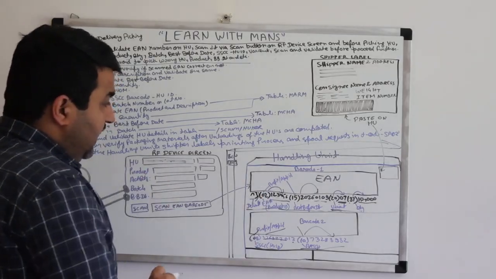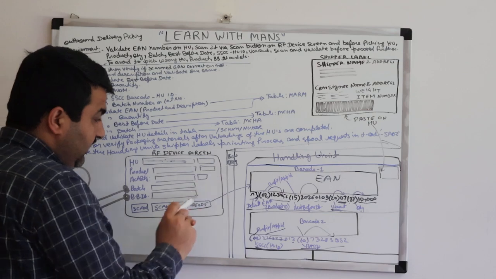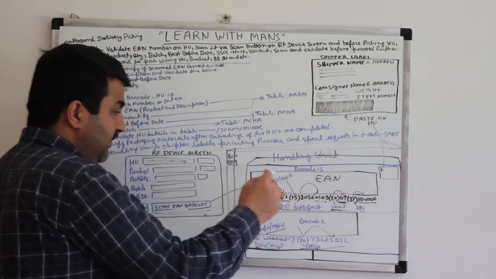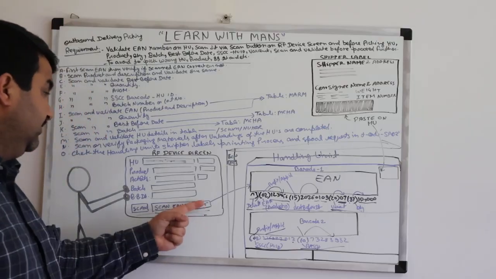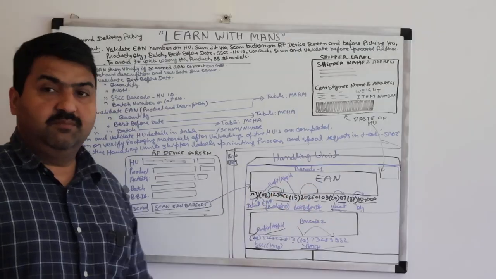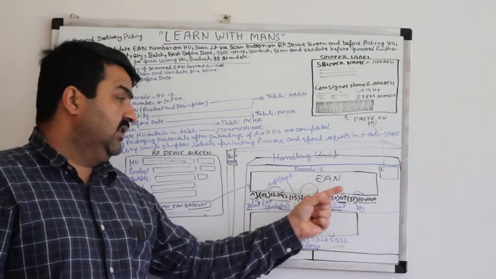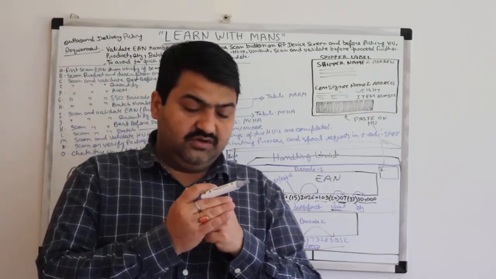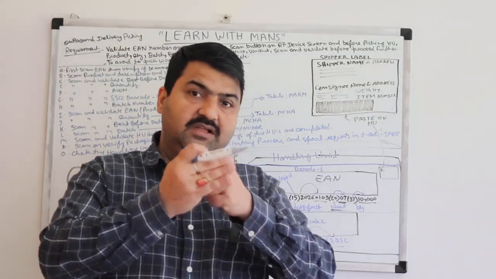To scan the handling unit, he will scan the barcodes. Now suppose he wants to scan this barcode, but the barcode is not visible properly, or it is not correct, or there are multiple barcodes, like the previous barcode was not removed properly and we have more barcodes.